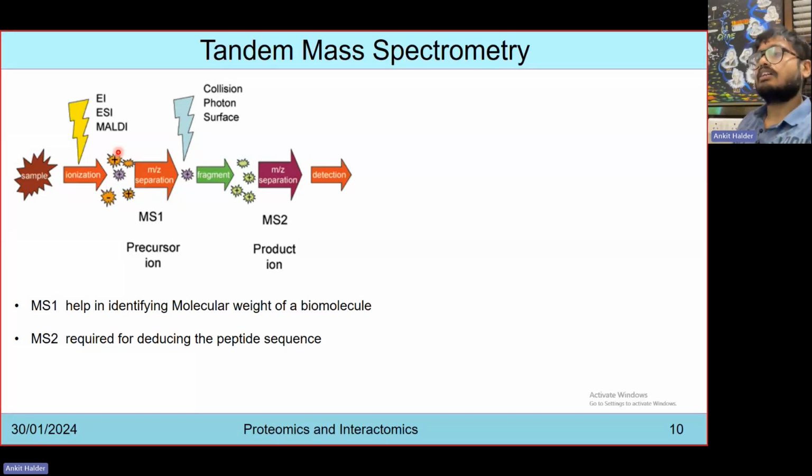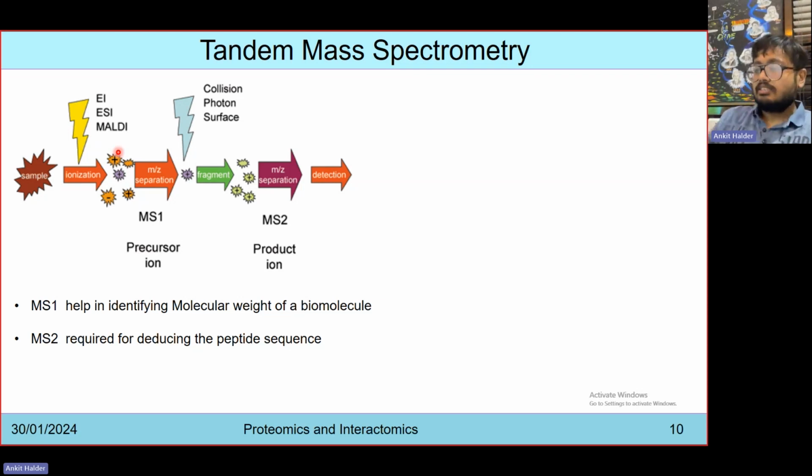Like in the genome projects, where we have to identify the gene sequence, similarly for identification and quantification of proteins, we need to have the peptide sequences for the particular proteins.